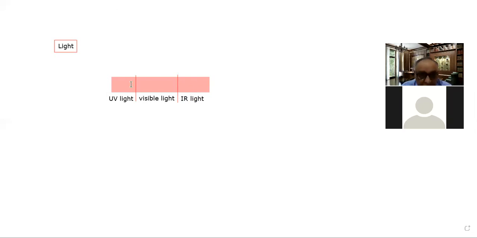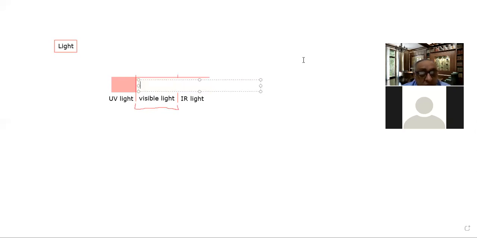And out of these three sections, only this part of the spectrum is visible to us, right? Only this part of the spectrum is visible to us, right?